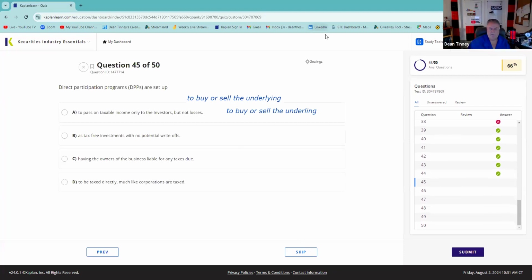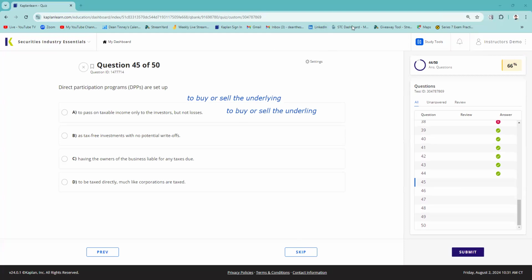Direct participation programs are set up... I don't think they pass the taxable income.